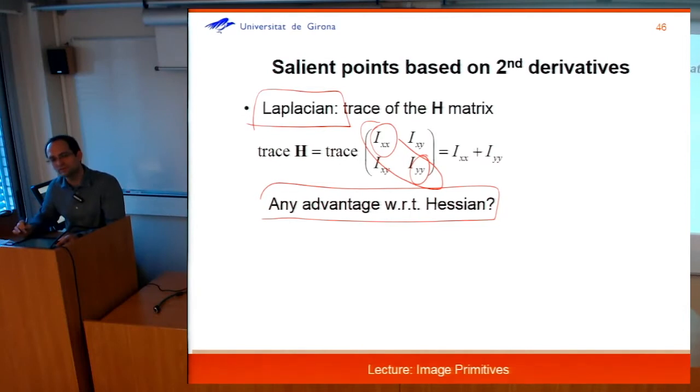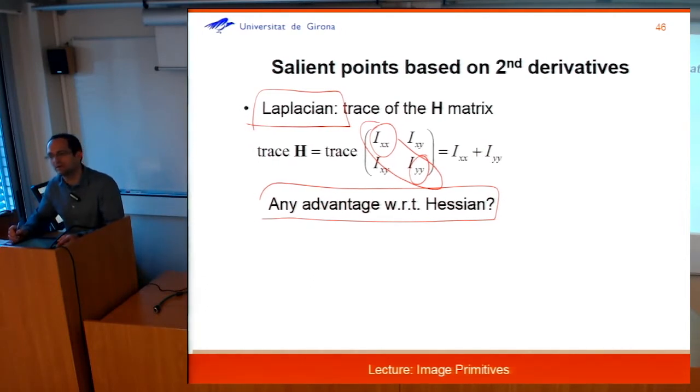You will learn about this, but the core idea behind the detector of SIFT is the Laplacian. The Laplacian is just looking at the second derivative in x and adding the second derivative in y, and it's detecting some points.